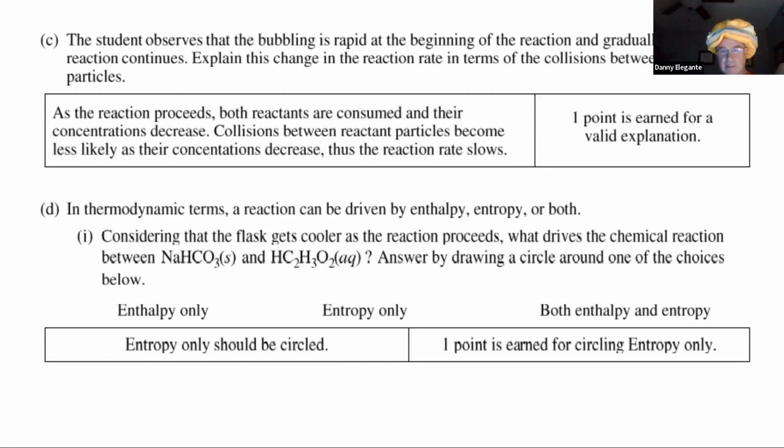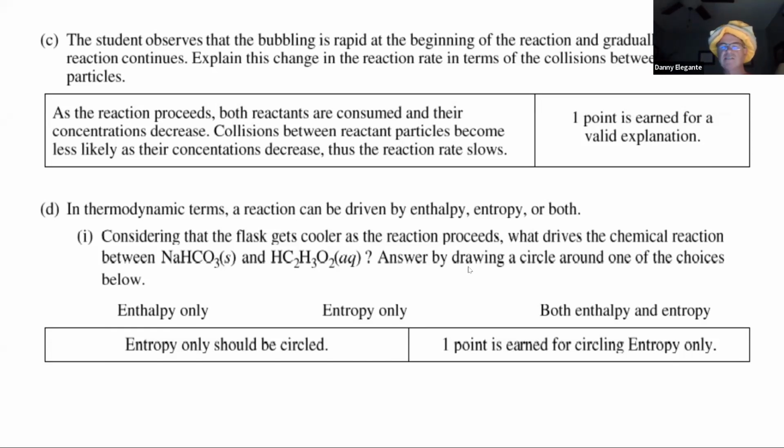Don't circle anything and circle everything. So it says draw a circle around one of the choices. One of my students said, what if you drew one great big circle around all 3 choices? And I was like, no, you can only draw the circle around one of the choices. So you get 1 point for entropy.